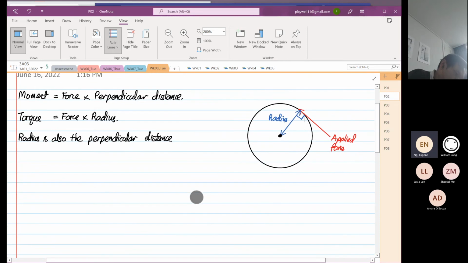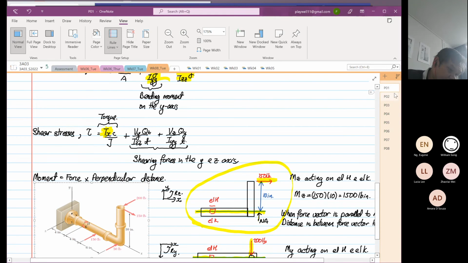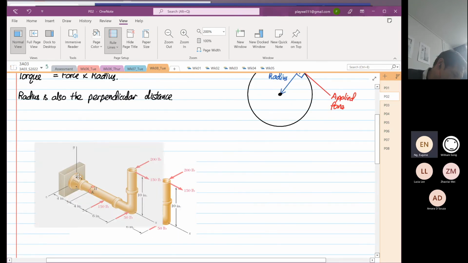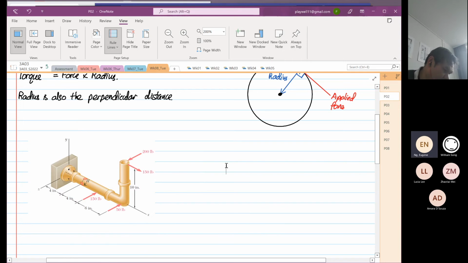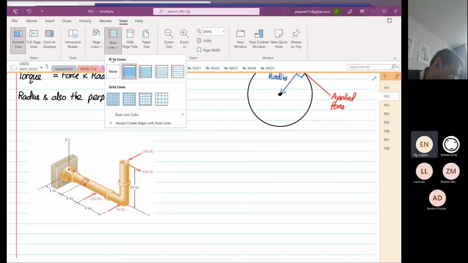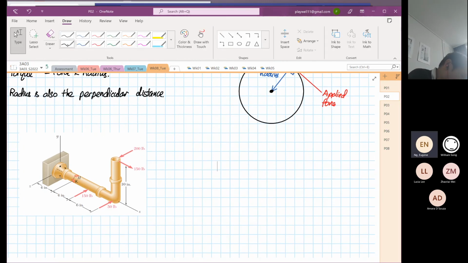So the next thing that I'm going to do is take the diagram. We have not analyzed another view last week, so I'm going to take this view. Now we are going to analyze in the YZ plane.